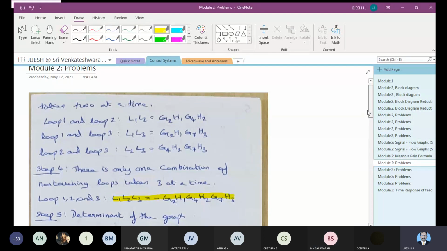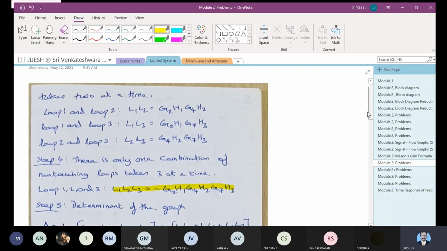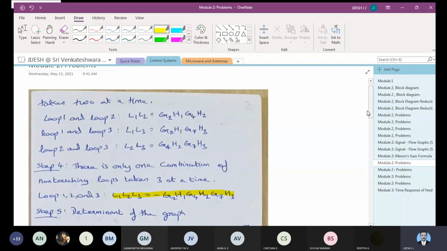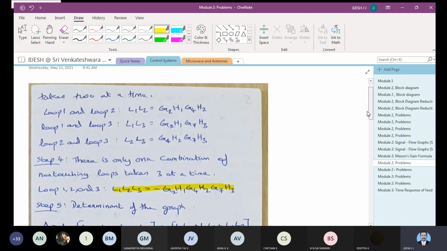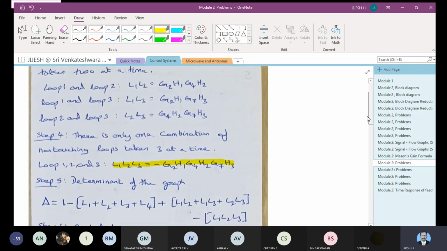So let us now go with the fifth step, that is the determinant of the graph. We are going to find the determinant of the graph, that is delta. You have seen the equation in Mason's gain formula, so we are going to use that equation. First, how do you write this equation in terms of loops?